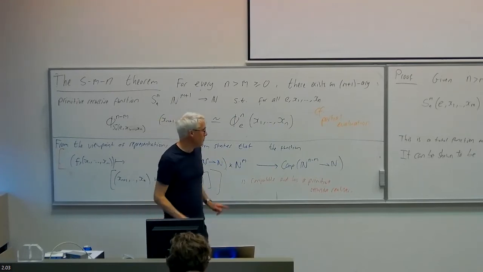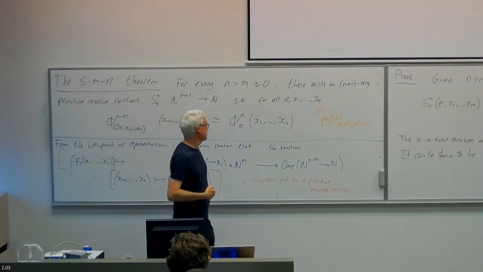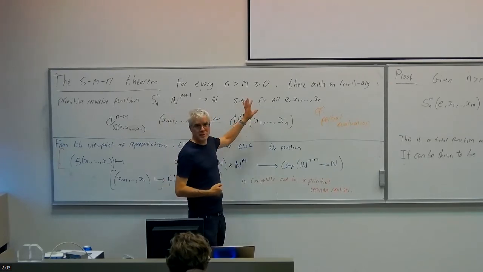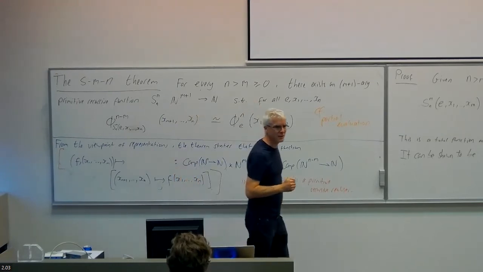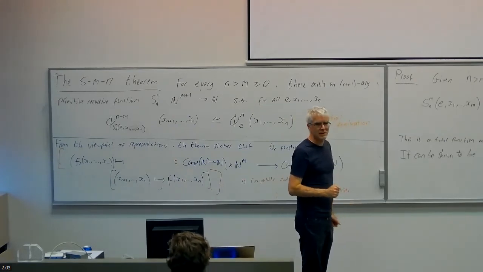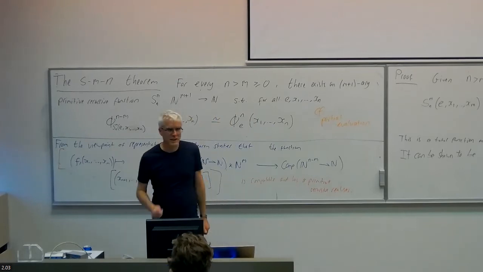So I want to do one more thing. Gradually, the technicalities involved in stating the results have been building up during the course of the lecture, and the next result is going to be the culmination of these technicalities.